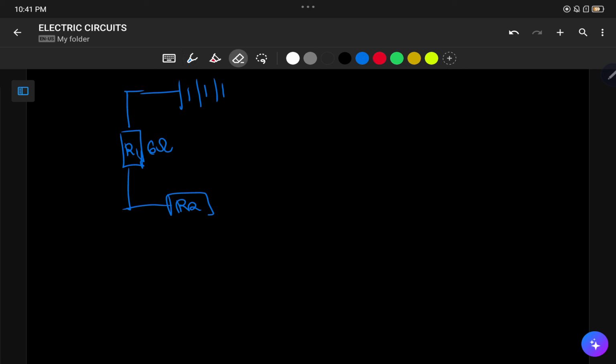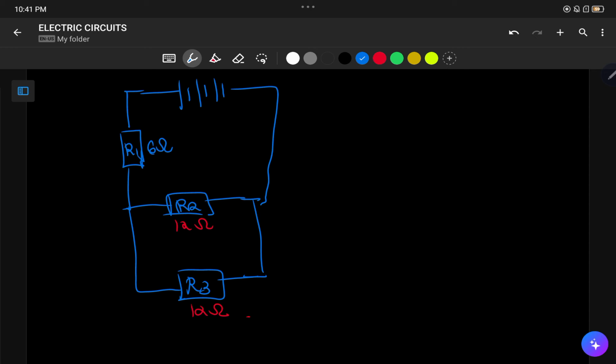Let me make a different color for the unit, which is 12 ohms. Okay. And then you have R3, which also has 12 ohms. So this is an illustration. Let me erase this so that it could be clear.